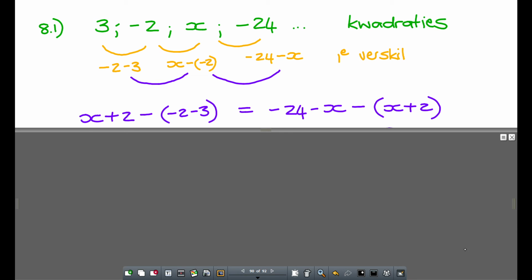And you will see that over here, I set an equal sign, want, because it's quadratic, weet ek dat die verskil tussen hierdie tweekies gaan dieselfde wees as die verskil tussen daai tweekies. So that's why I can make them equal to each other.